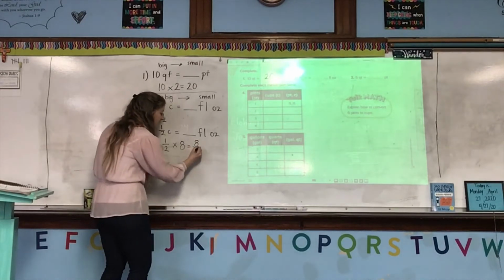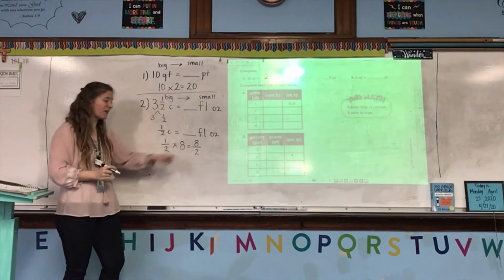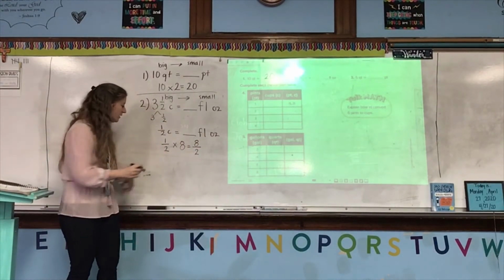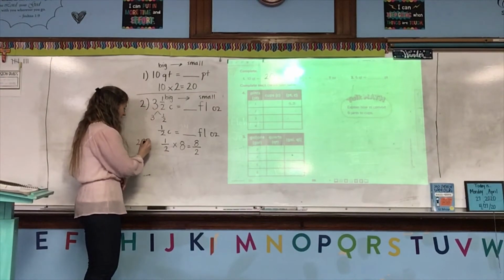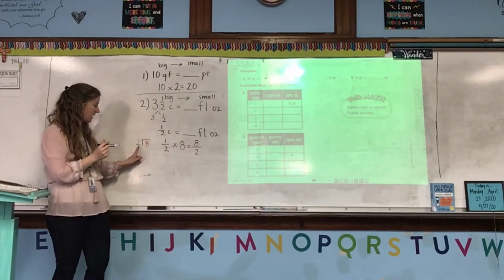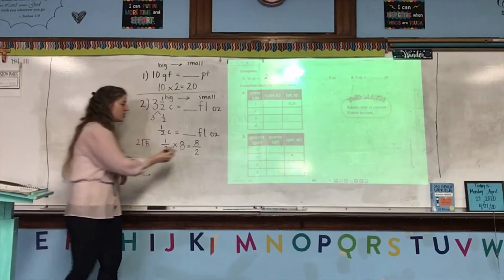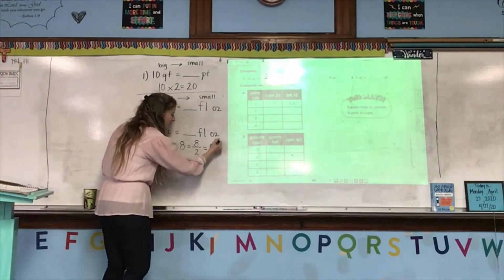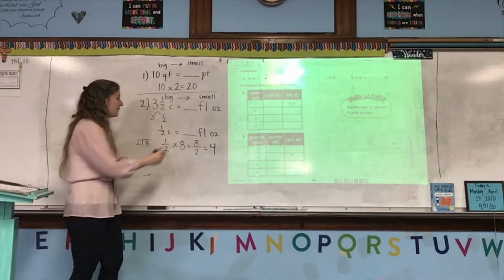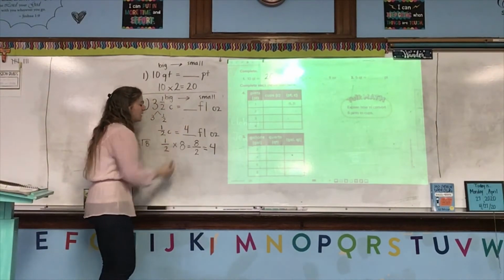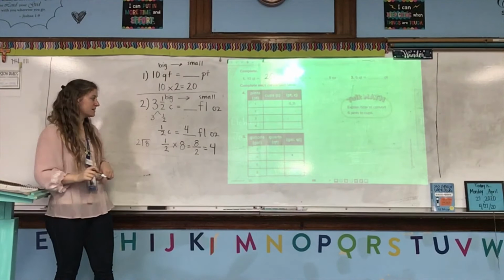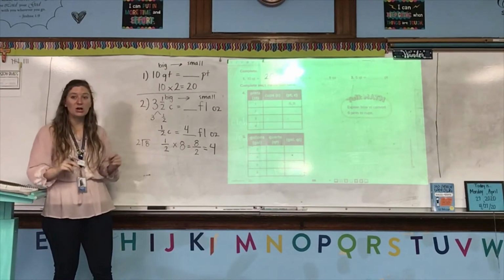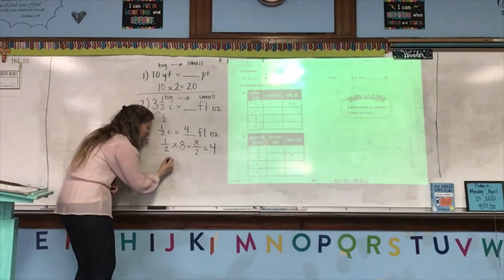Our denominator stays the same. We have 8/2. We know to figure this out, we divide our numerator by our denominator. 8 divided by 2, we don't even have to work that out. We know that it is 4. So that means half of a cup is the same as 4 fluid ounces. Now we know 3 cups is the same as 24 ounces.